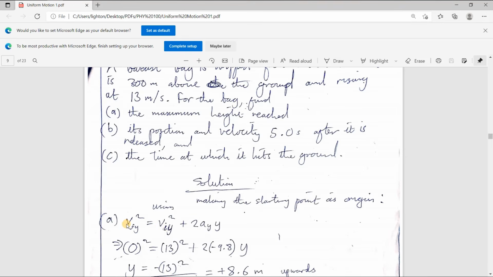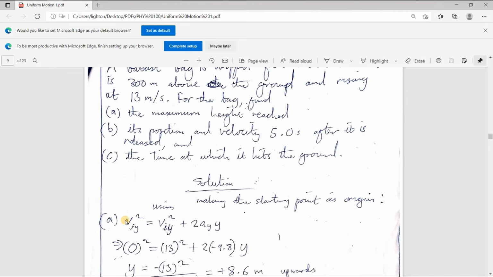That's a very key point you have to note, and something you should keep in mind whenever you're solving problems. Gravity is always vertically downwards directed.